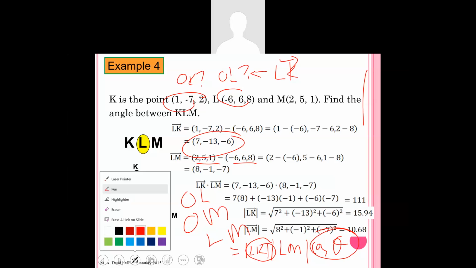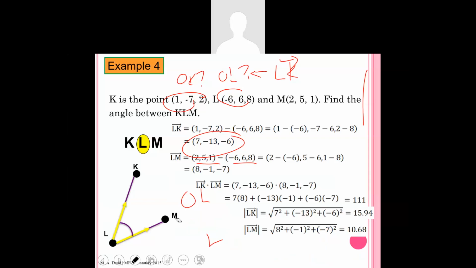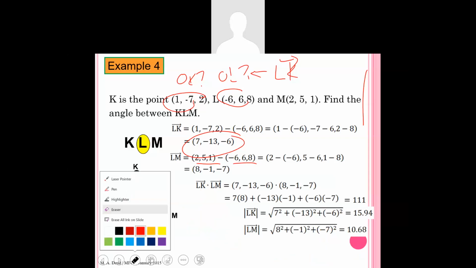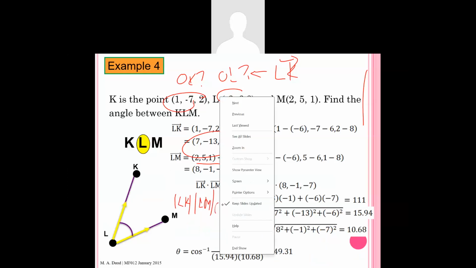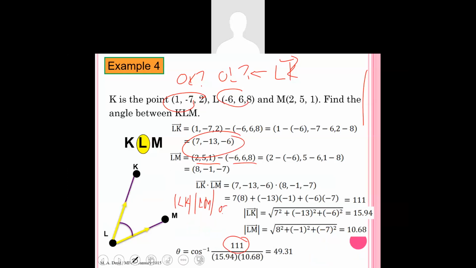Okay, so now that we know the magnitudes of LK and LM, when we multiply them together with cos theta, it should equal 111. Going back, I wrote it here just in case you are wondering why we are looking for the magnitude.